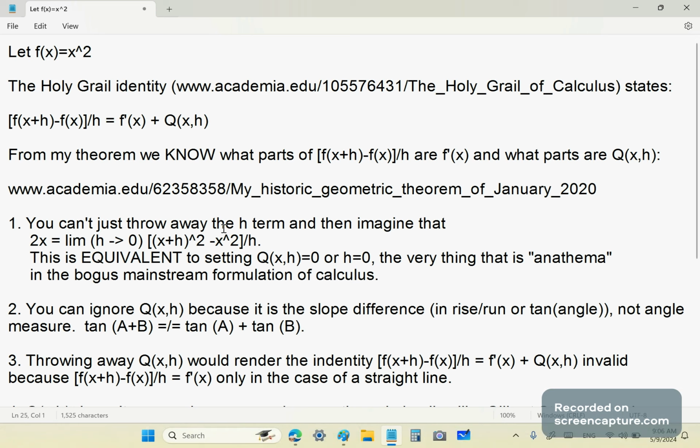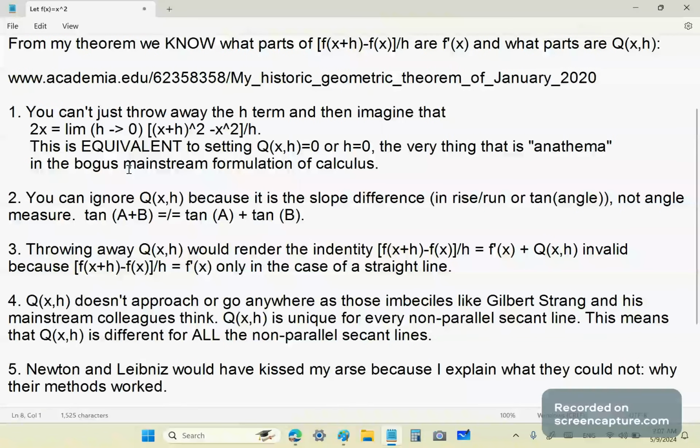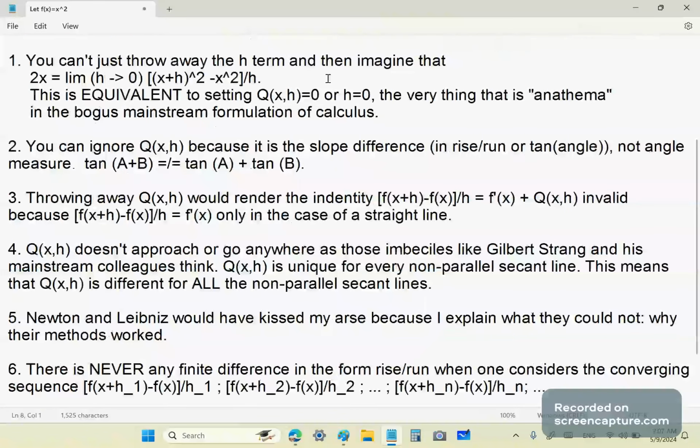And so from my theorem, we know that the parts are f prime of x and the difference. So you can't just throw away the h term and then imagine that 2x is equal to the limit of this thing, because this is equivalent to setting the difference to 0, or h to 0, the very thing that is anathema in the bogus mainstream formulation of calculus.